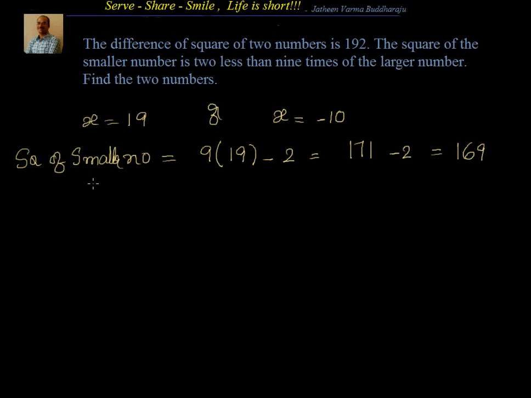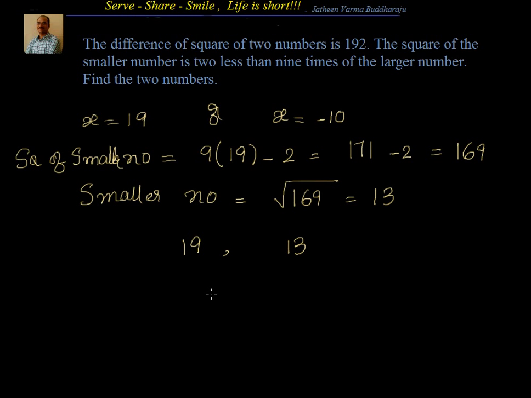So square of the smaller number is 169, then the smaller number is square root of 169, that's equal to 13. So the numbers are, one number is 19, the other number is 13.